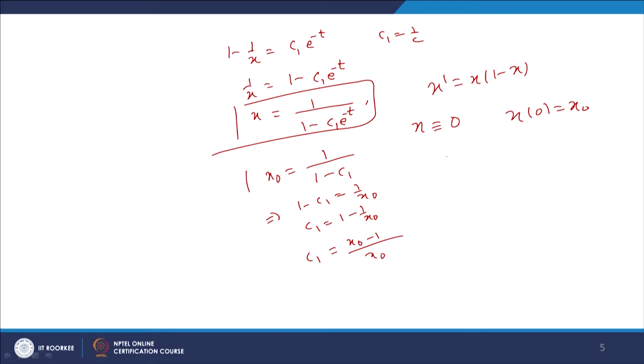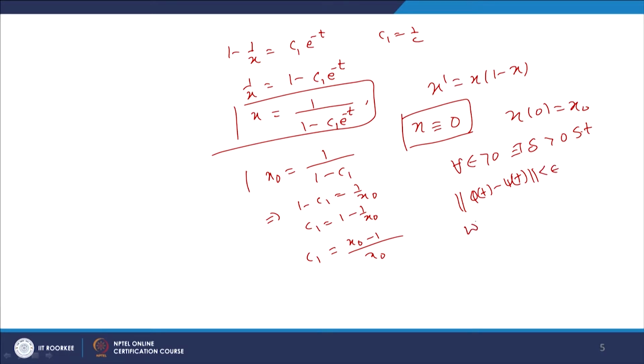Okay. So, now we want to check the stability behavior of x equal to 0. Here we want to apply the definition that for every epsilon greater than 0 there exists a delta greater than 0 such that the norm of phi t minus psi t is less than epsilon whenever phi t naught minus psi t naught is less than delta.